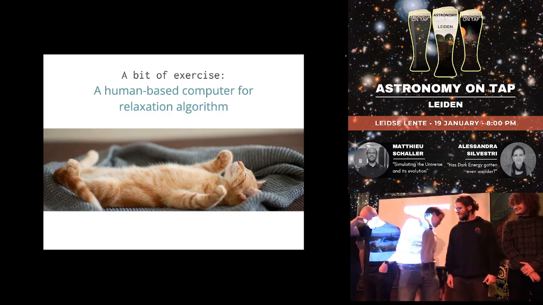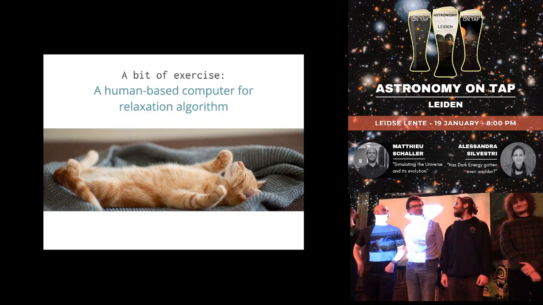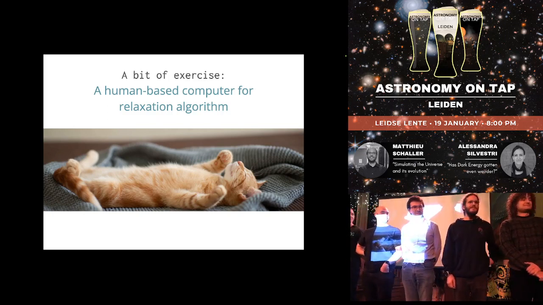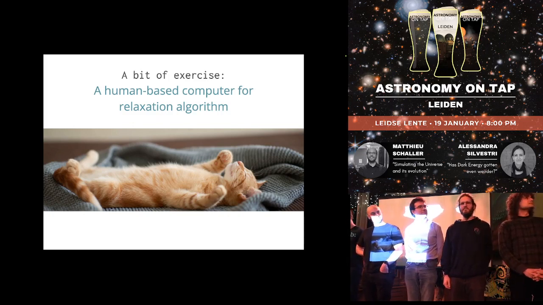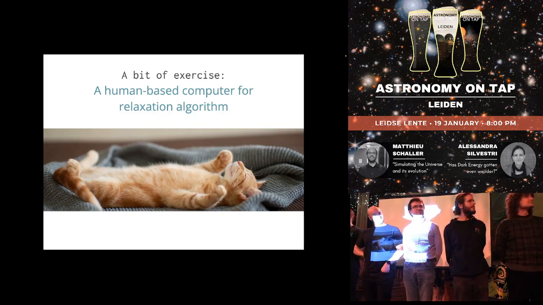Continue. A bit more. Good. It's called relaxation because it relaxes slowly to the correct solution. So we have an algorithm here whereby by looking at the left and the right, you are finding the middle point, and then you're slowly converging towards the solution. Thank you for your service.